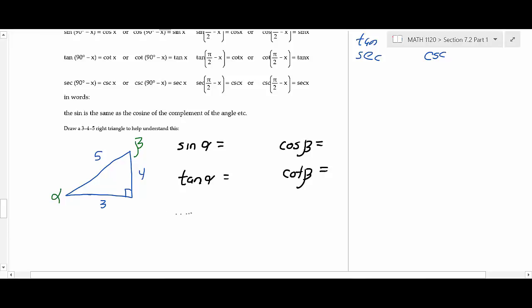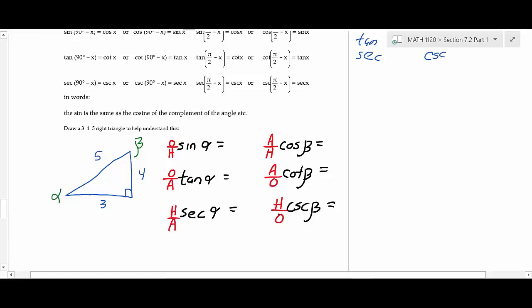And the last thing we want to do is the secant of alpha, and compare that to the cosecant of beta. Then you'll begin to hopefully see what cofunctions are. This is probably the simplest way to teach that. So I'm going to write the definitions on here. Sine is opposite over hypotenuse, cosine's adjacent over hypotenuse. I'll write the tangent and the cotangent, and then the secant and the cosecant like that.